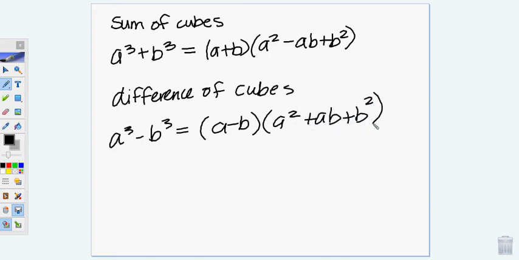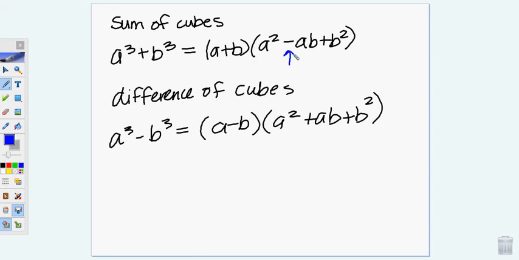It's really important to note that this is not the same as (a plus b) times the square. If it were, there would be a 2 in there, and that's not there. I don't want you to get confused. There is no 2 there. It is not the a plus b times the (a plus b) squared term.